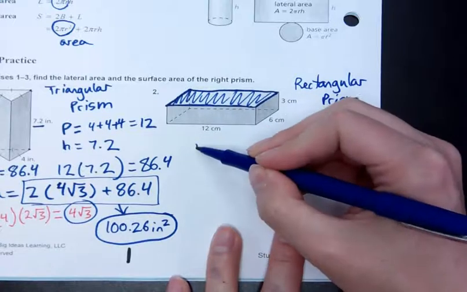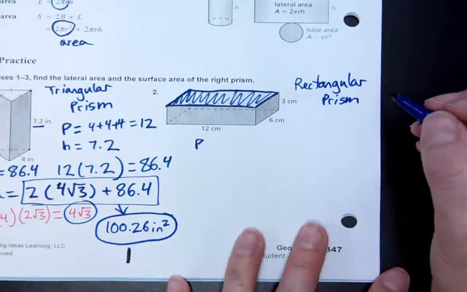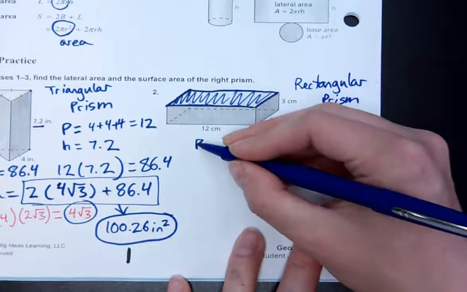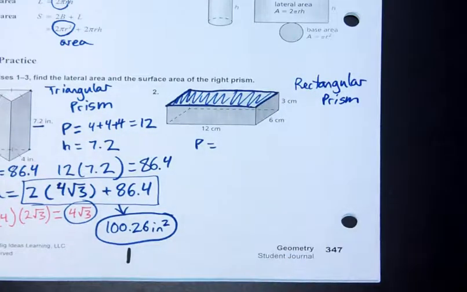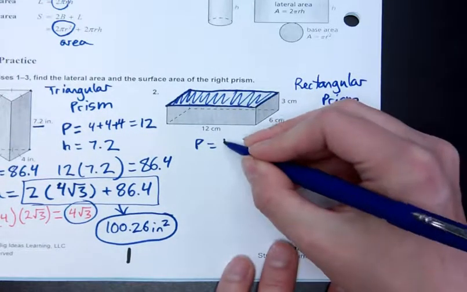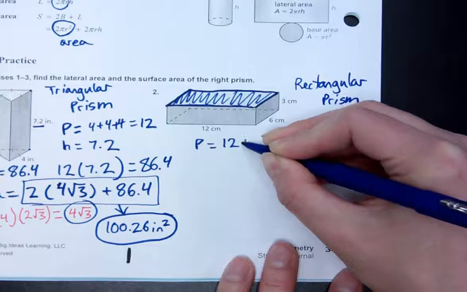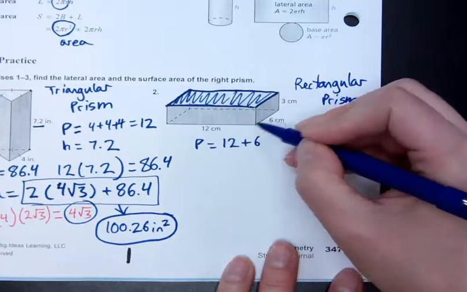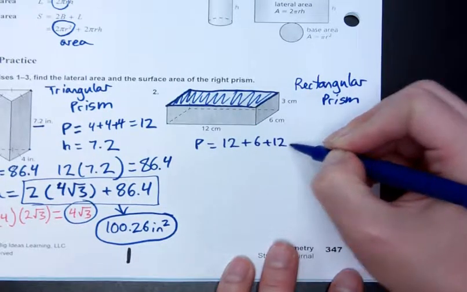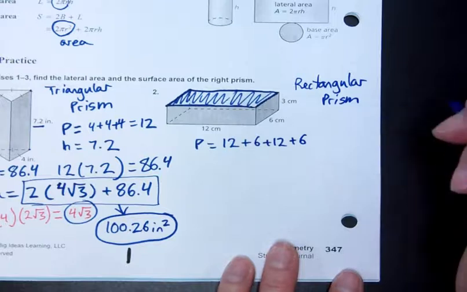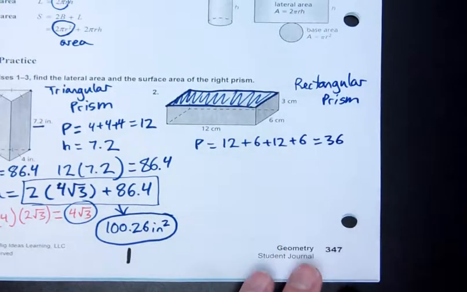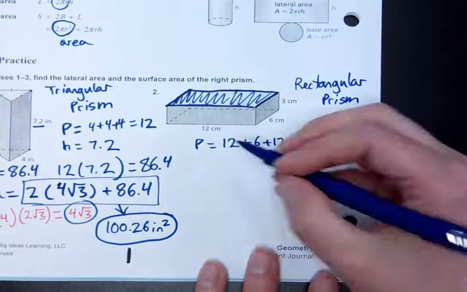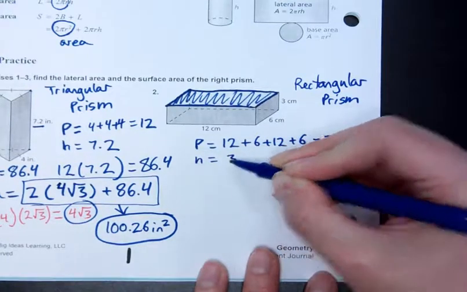So what would the perimeter of that base be? Which one's the base? The top and the bottom, so that's what you have to figure out. 36. Yeah, how did you get 36? The 12 and 6 plus 12 plus 6, equals 36. And then what is the height? 3.